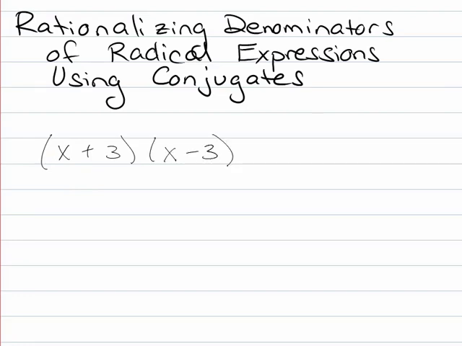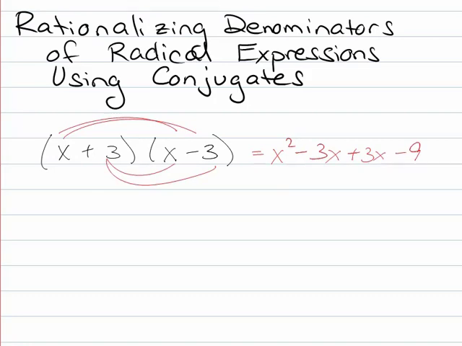Okay, so in simple terms, I could go ahead and FOIL it first. Outer, inner, last. And remember what happens is these cancel out. And that goes anytime we match that pattern.